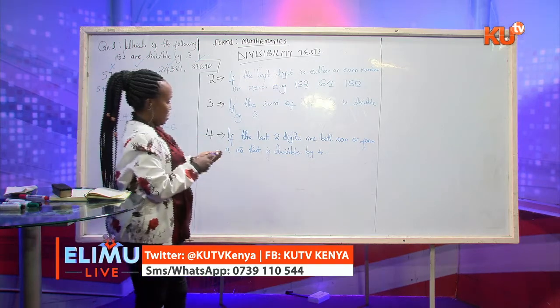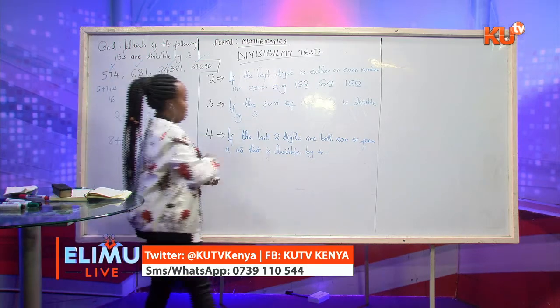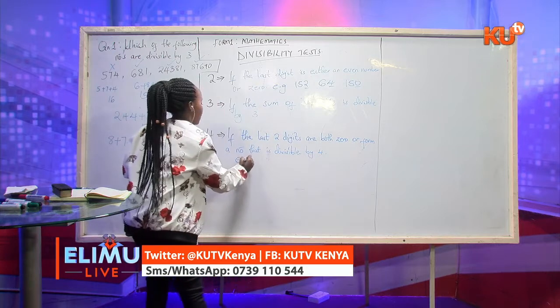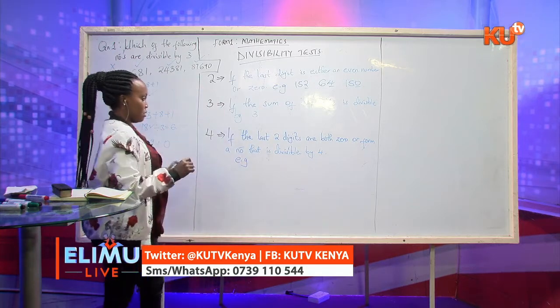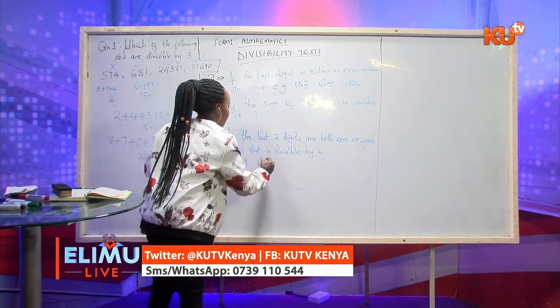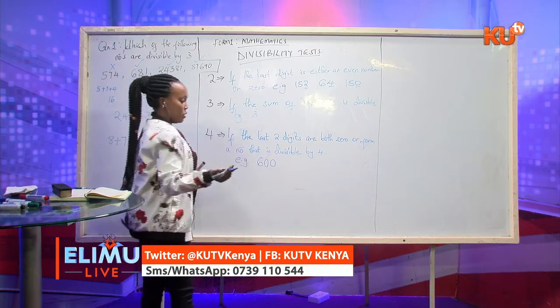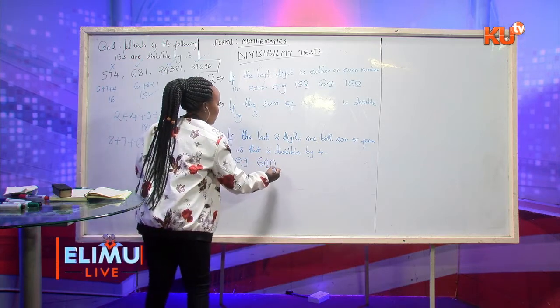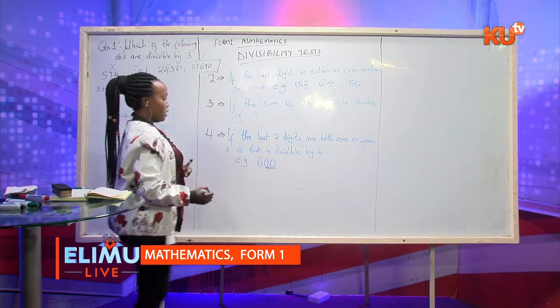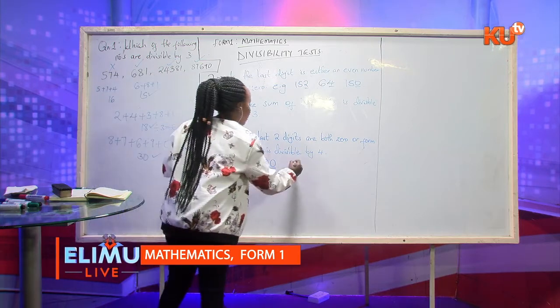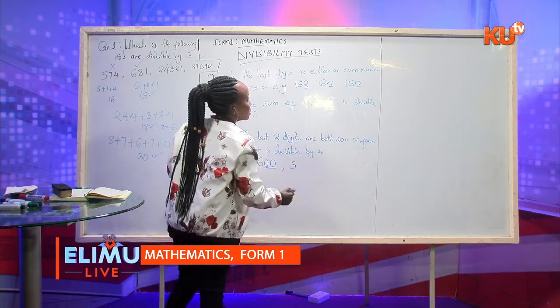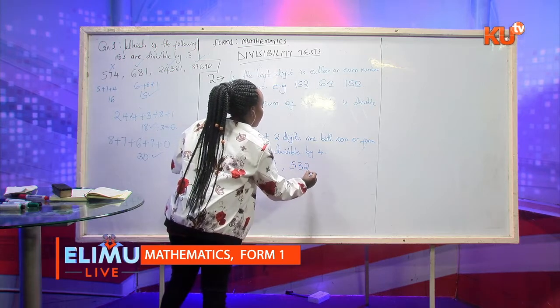For example, we can give an example of a number, let's say 600. 600 is divisible by 4 because the last two digits are both zeros. Another number, maybe we can have 532.